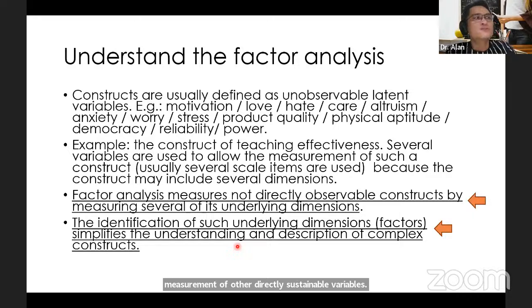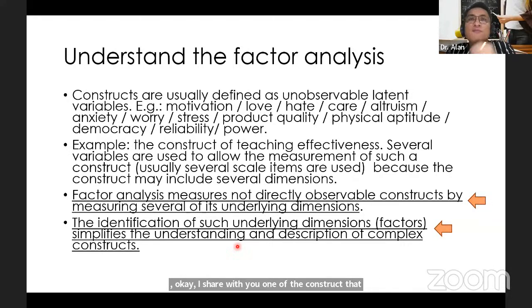Now, constructs are usually defined as unobservable latent variables, including motivation, love, hate, care, altruism, anxiety, and so on. So for the construct of teaching effectiveness, for example, several variables are used to allow the measurement of such a construct. Usually several scale items are used because the construct may include several dimensions. Let me share one of the constructs that we normally use, teaching effectiveness.